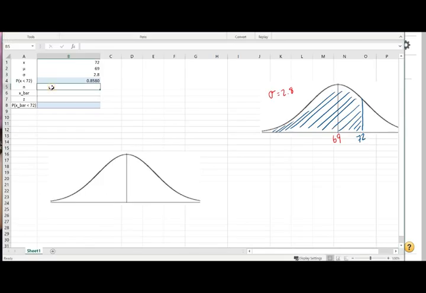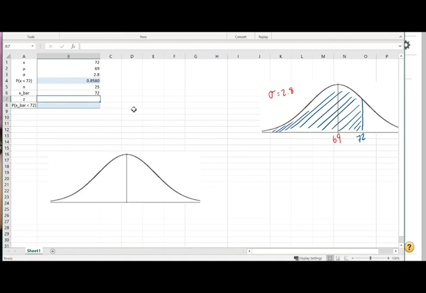We have n, the size of our sample is 25. And now we're looking not for a single adult male being 72 inches or less, but a sample average. So x bar is 72. Now, when we're using the central limit theorem, we have to convert to z-scores.